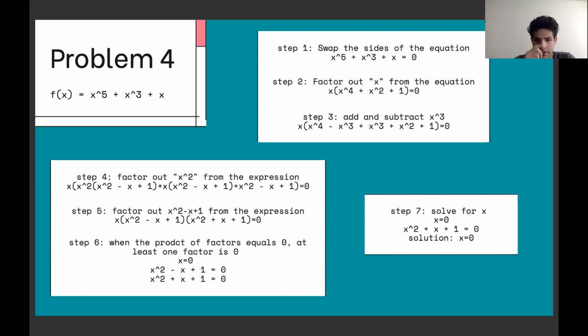Then step 3, we started to add and subtract the x so that we could factor out x, so we could factor out x to the 2 from the expression in step 4. And I had a really hard time trying to solve this. That's why I say that it's not correct.